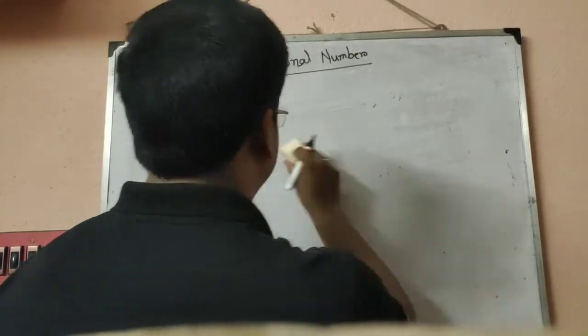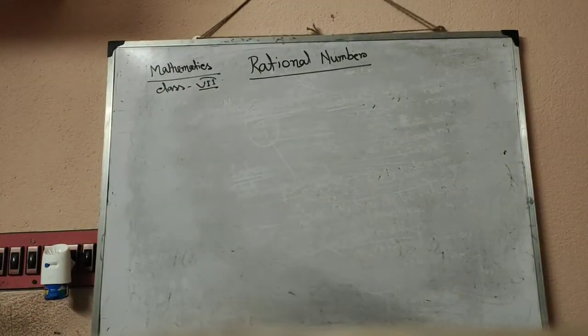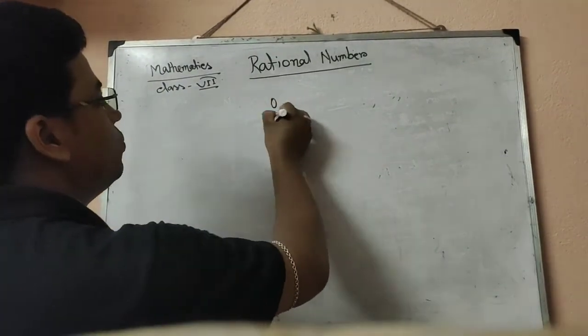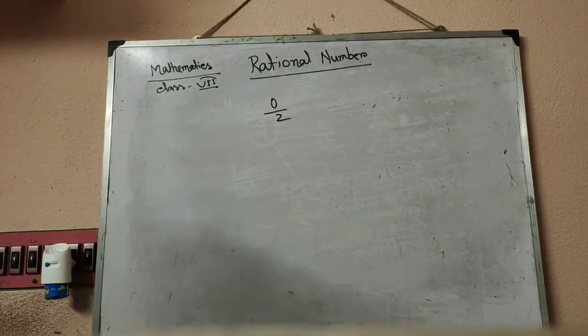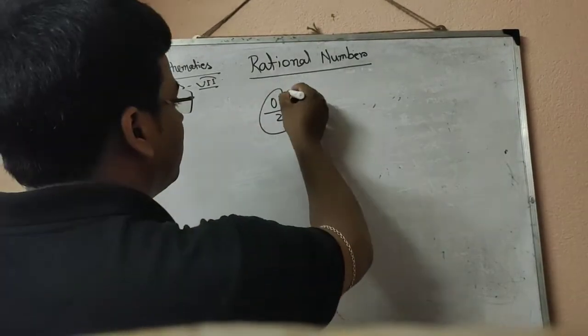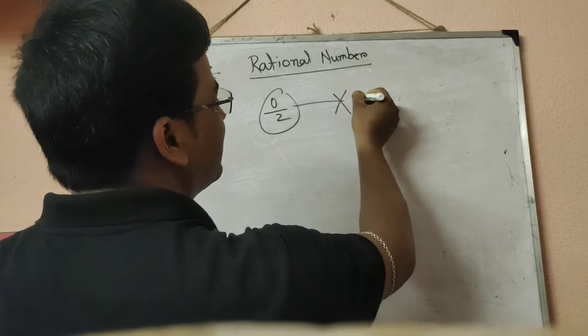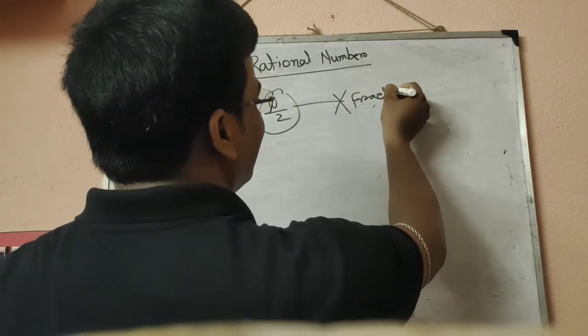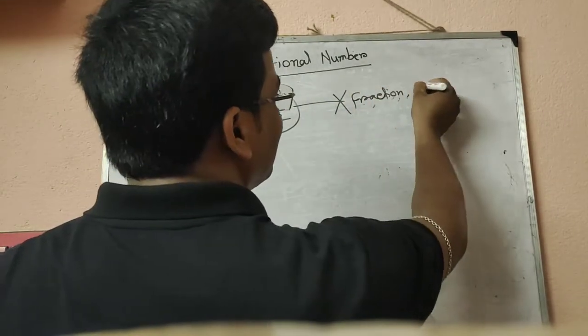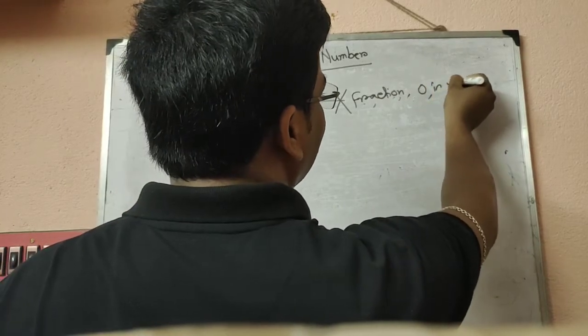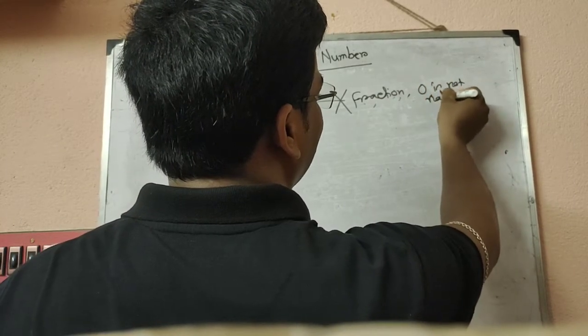Next example. 0 by 2. It is not a fraction because 0 is not a natural number.